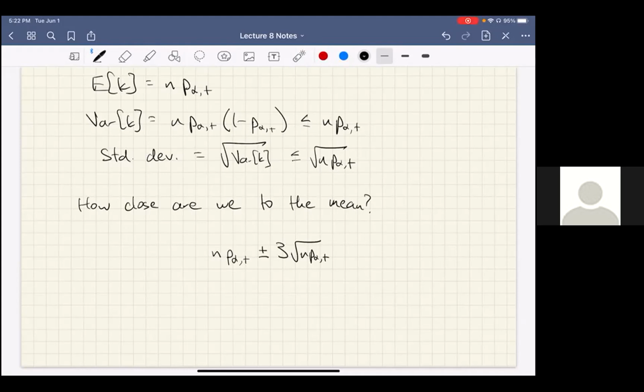It's not very important, but I can pick some numbers. P alpha t will normally be quite small.